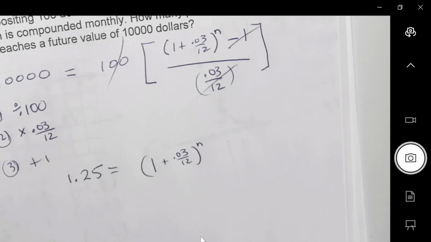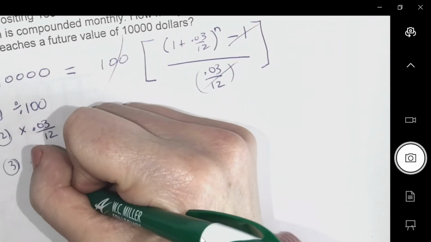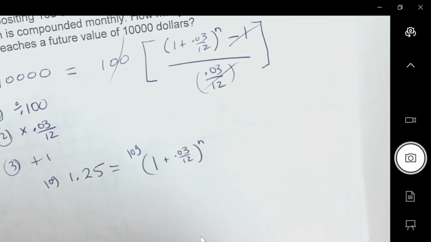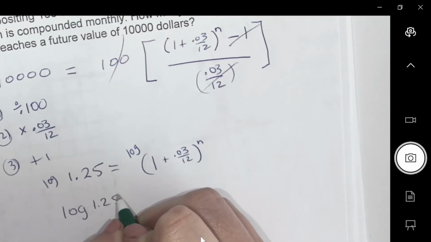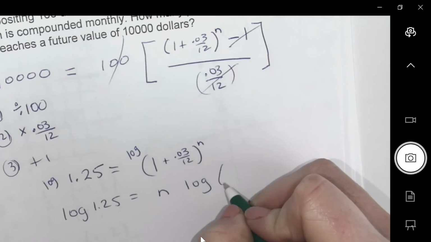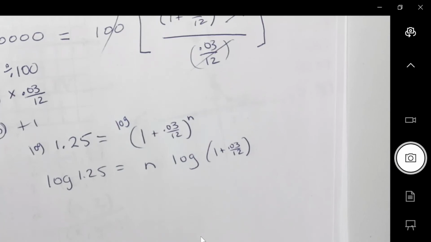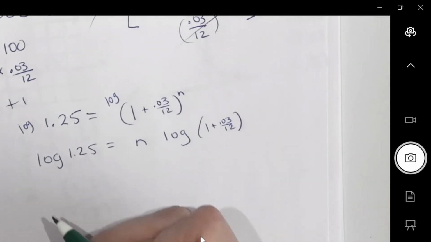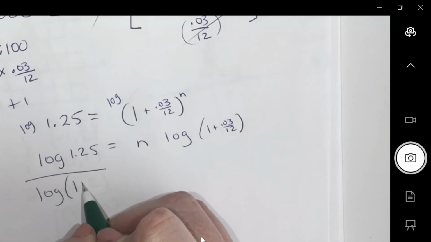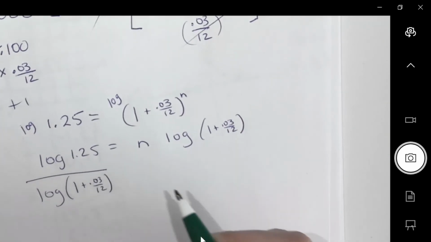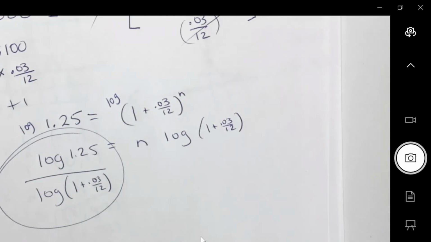Okay, how do I solve for n? I gotta log both sides because n is in the exponent. So I'm gonna log both sides. Okay, this is what I'm typing in, and let's see what we get.